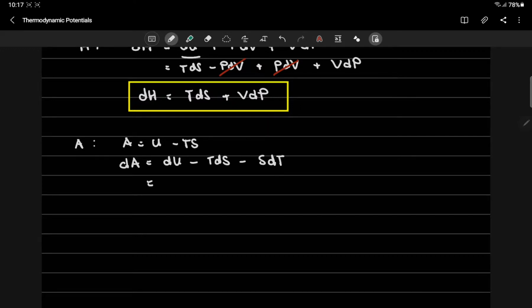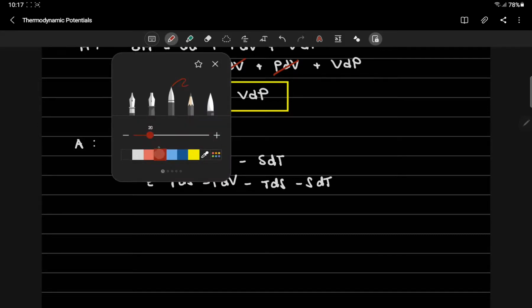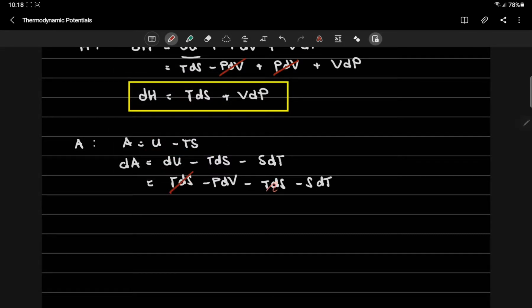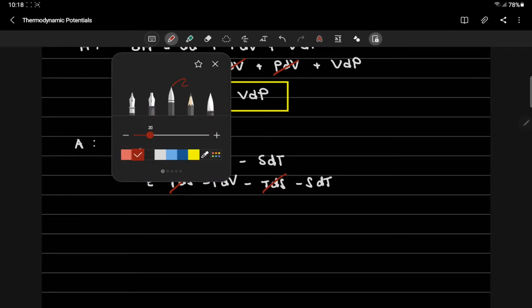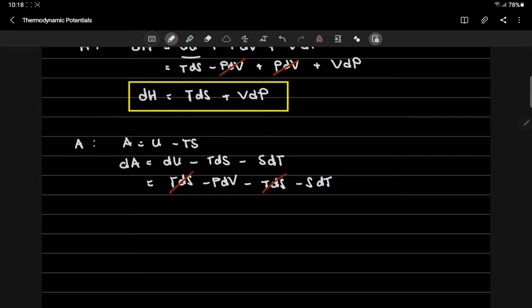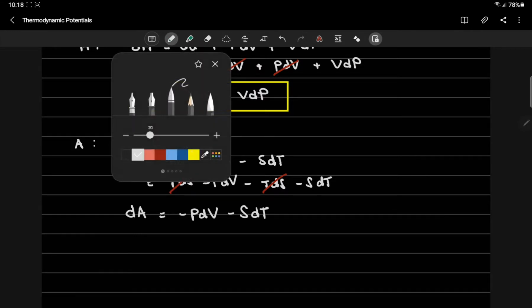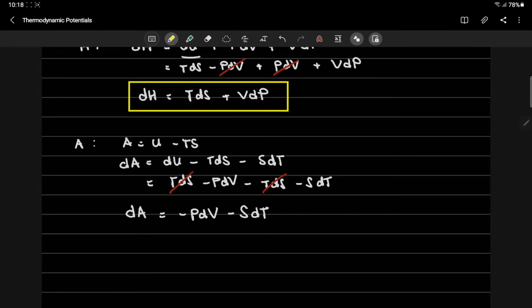And inserting the expression for dU, and we know that dU is TdS minus PdV, it becomes TdS minus PdV minus TdS minus SdT. And so there are terms that we can cancel, TdS, and what remains therefore for our Helmholtz free energy, the change in A, is equal to minus PdV minus SdT. So, we were able to get the equation that will calculate the change in Helmholtz free energy.